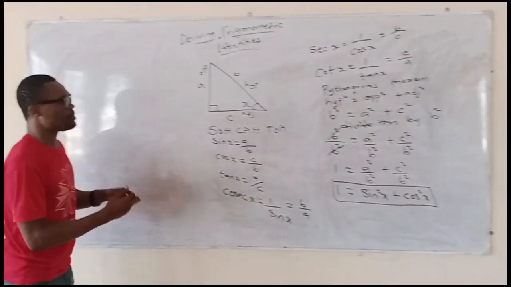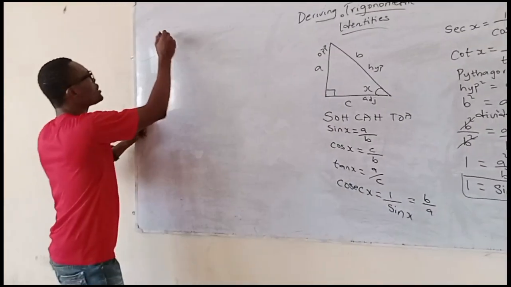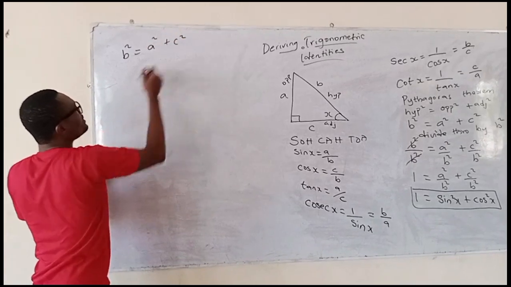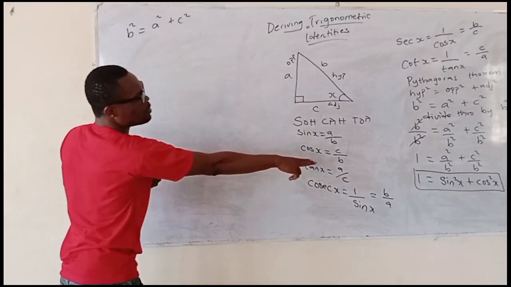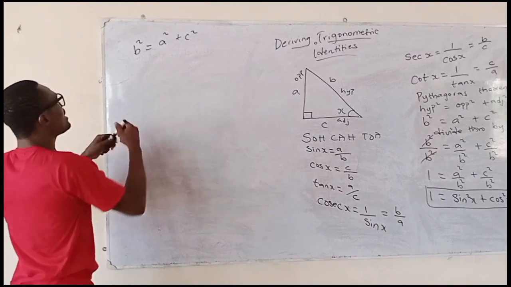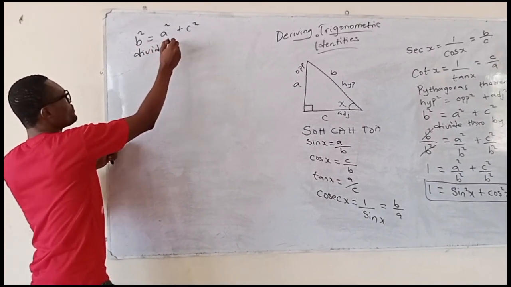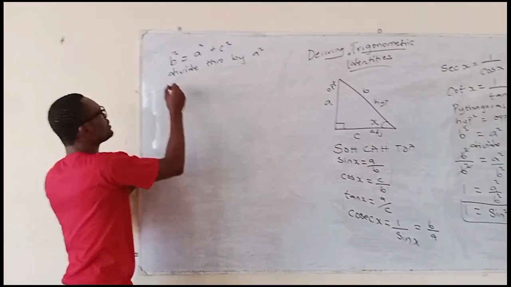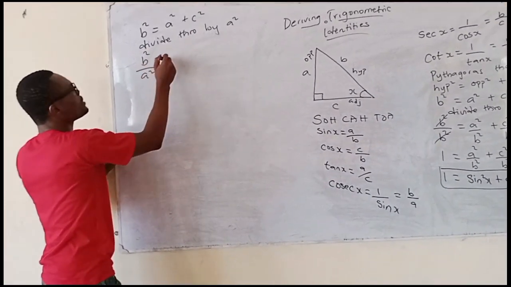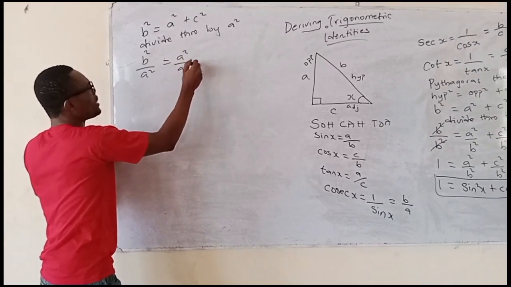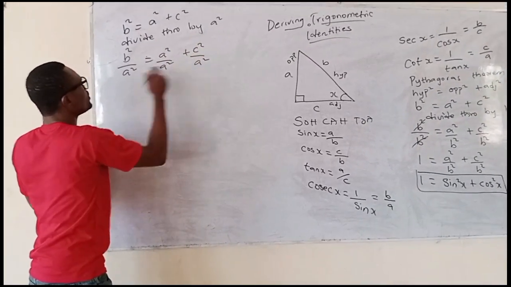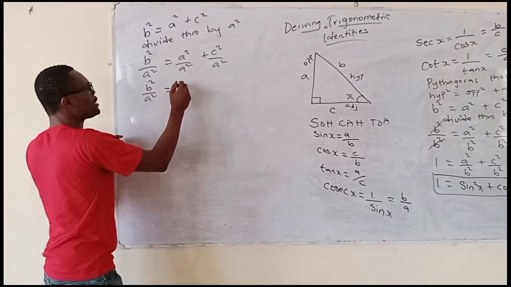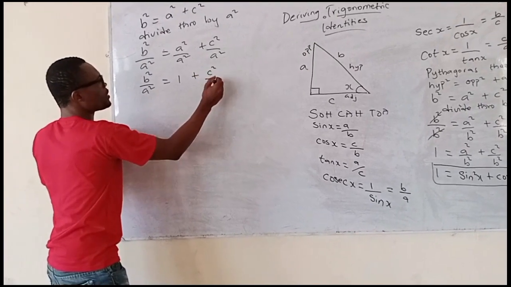Let's derive more trigonometric identities. Remember that Pythagoras theorem is B squared equals A squared plus C squared. Last time I divided through by B squared. Let me divide through by A squared to derive another identity. Now I have B squared over A squared equal to A squared over A squared plus C squared over A squared. So B squared over A squared is equal to 1 plus C squared over A squared.